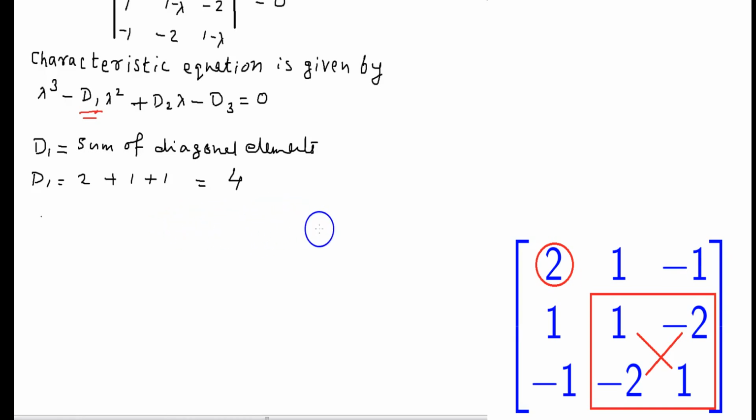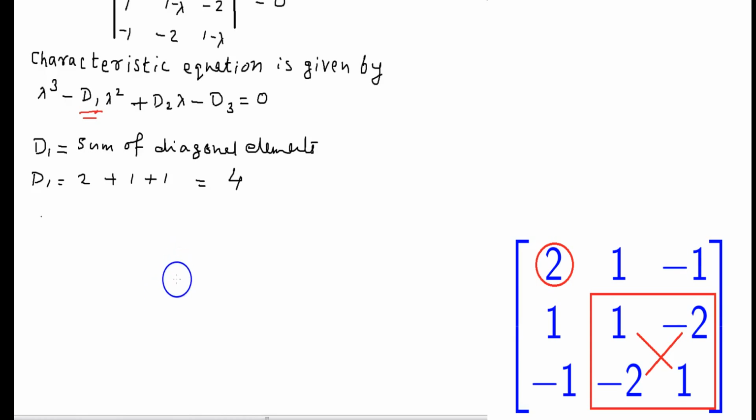d2 is the sum of minors of the leading diagonal elements. First diagonal element is 2, and just ignore the elements in the first row and first column of the matrix. The rest of the elements form the minor of the leading diagonal element 2.